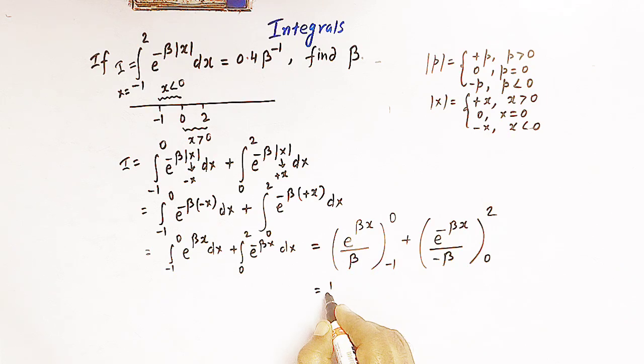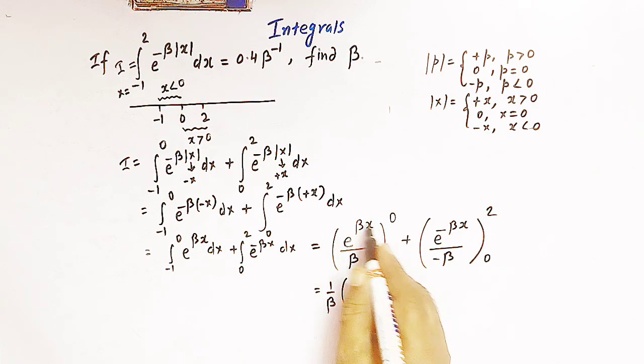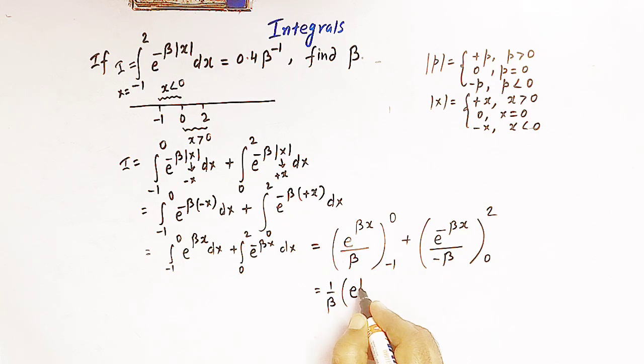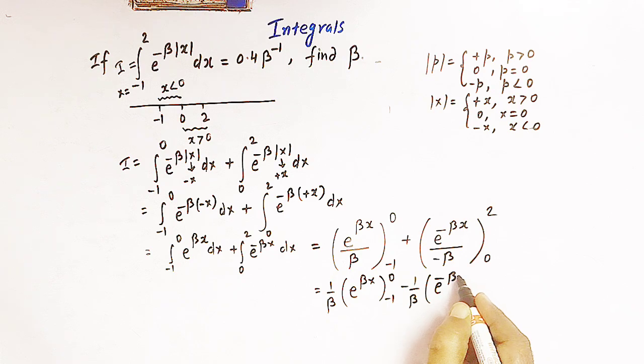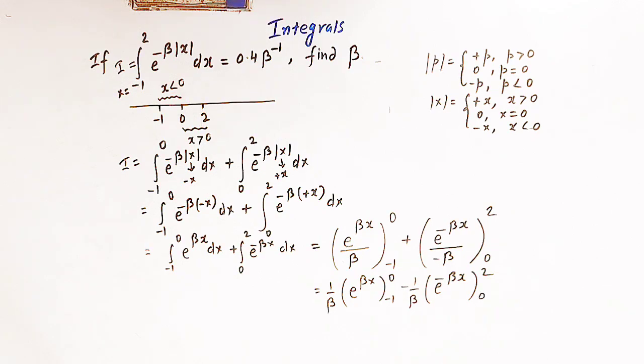Taking 1 over beta and minus 1 over beta outside, we have e raised to beta x from minus 1 to 0, and e raised to minus beta x from 0 to 2.